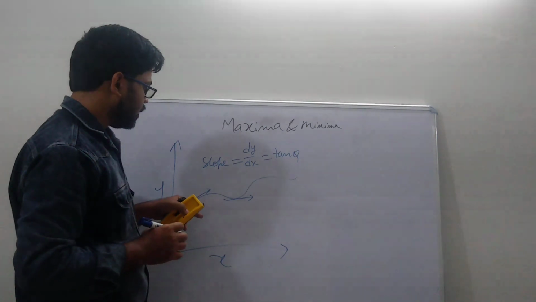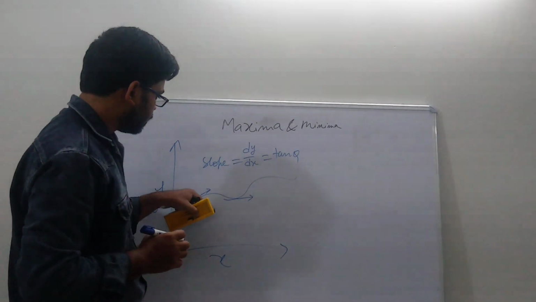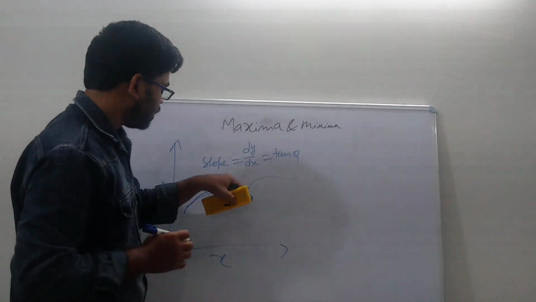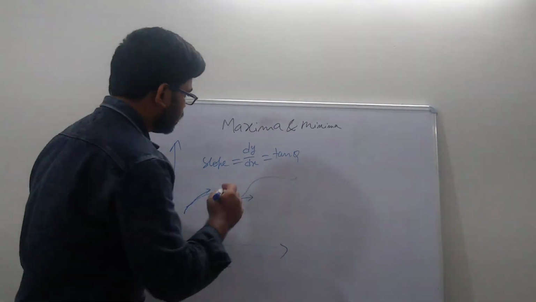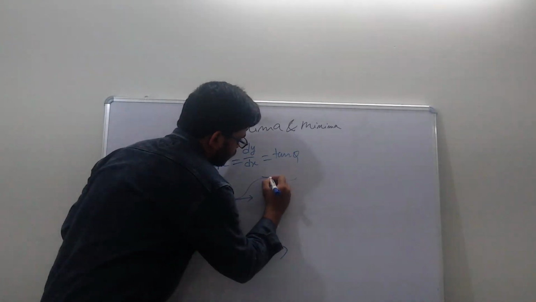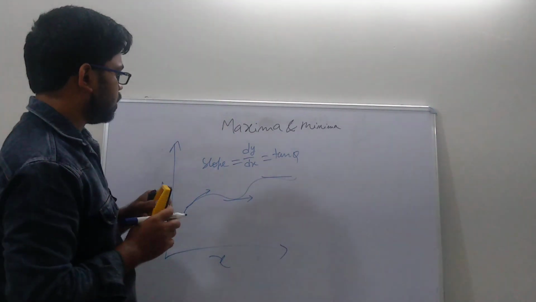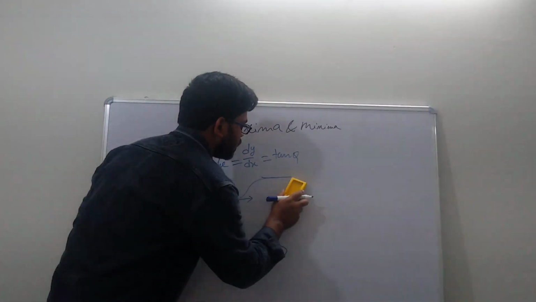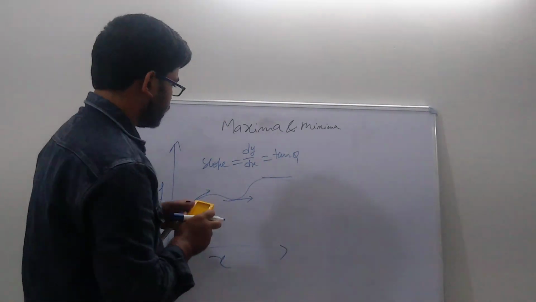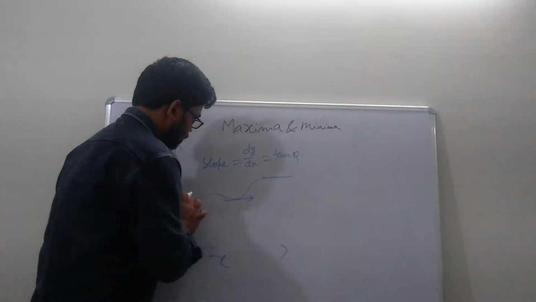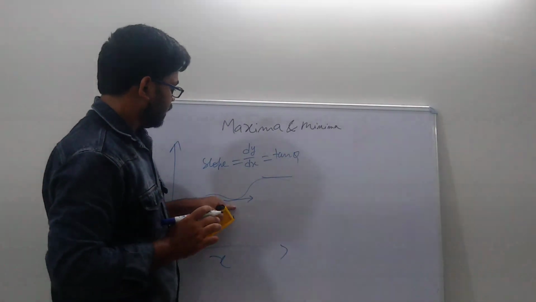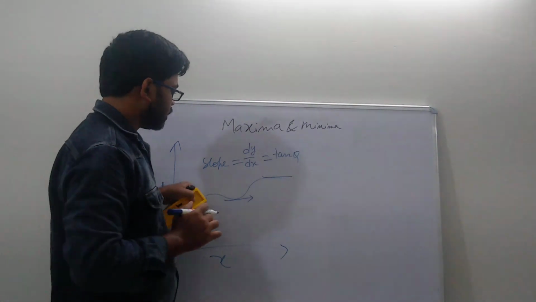So you can see, just analyze this point and this point. Although this graph has many local minima, not bothering about that, just take these two points.